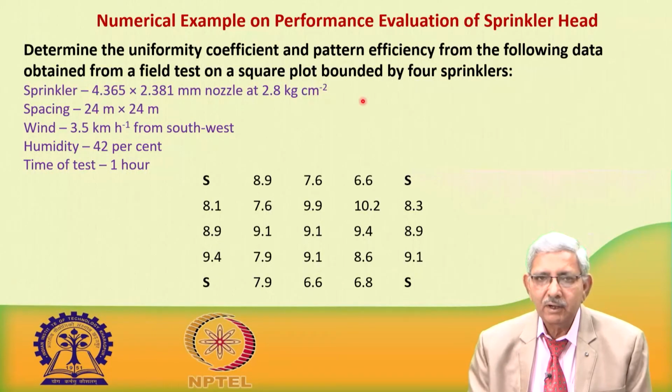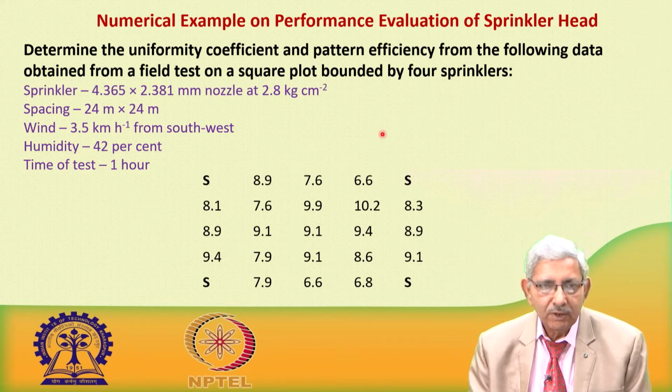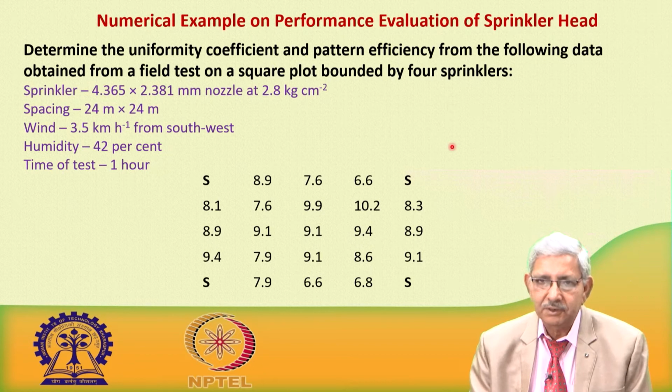Now, this sprinkler problem is basically a numerical example where one can evaluate emission uniformity and one can evaluate pattern efficiency. From one particular sprinkler which is placed over here, another sprinkler is placed in another corner, and in this corner another sprinkler head has been placed.